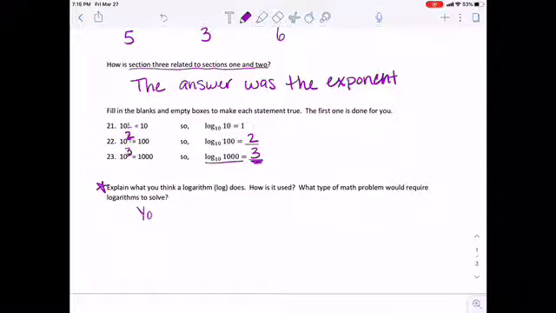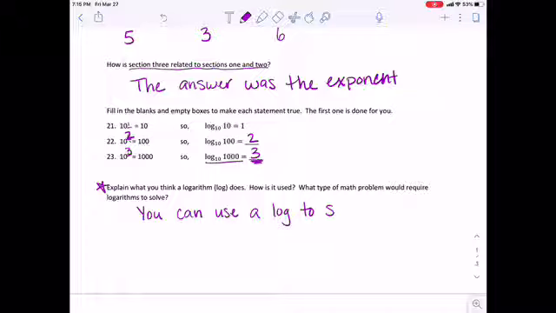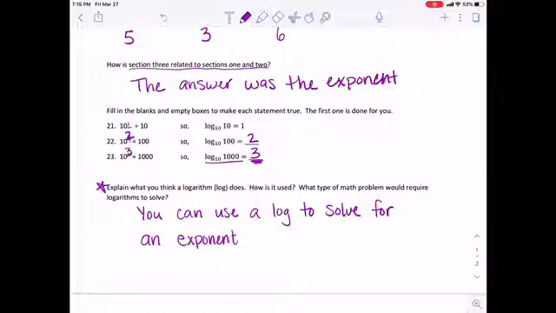So you should have written something about how you can use a log to solve for an exponent. Once you have that written down, in my next video, I'll go ahead and talk about the evaluating logs section of this assignment.